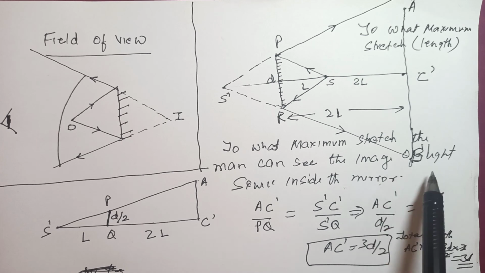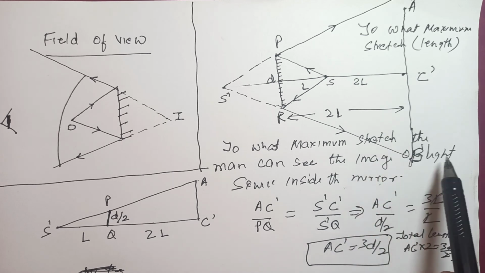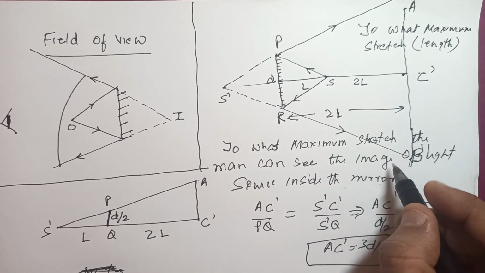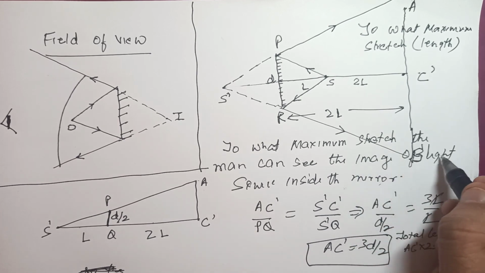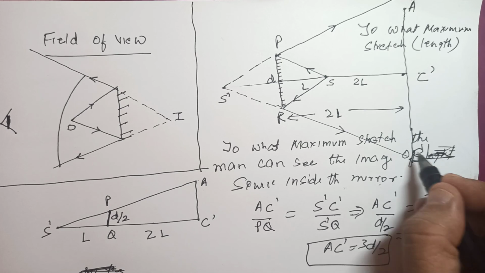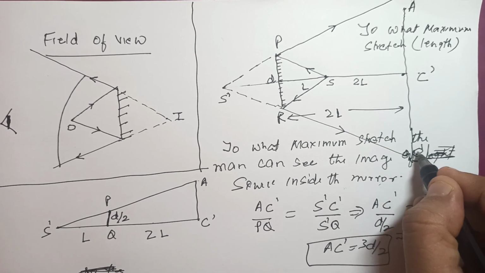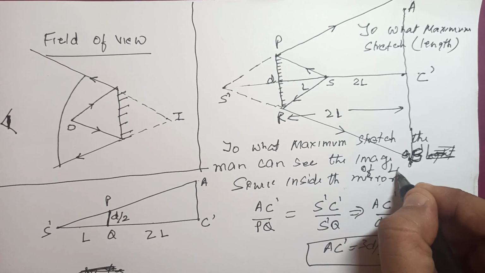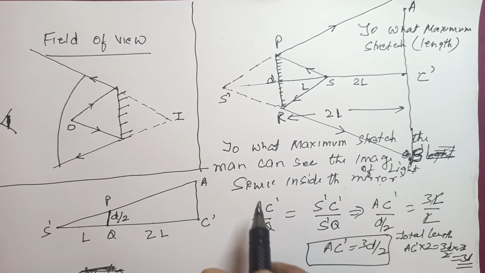Bear with me. This is the image of light, and this is the point B, the image of the light source inside the mirror. So that's how we will solve this question.